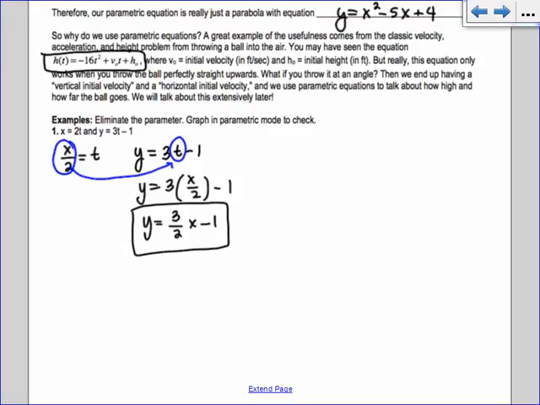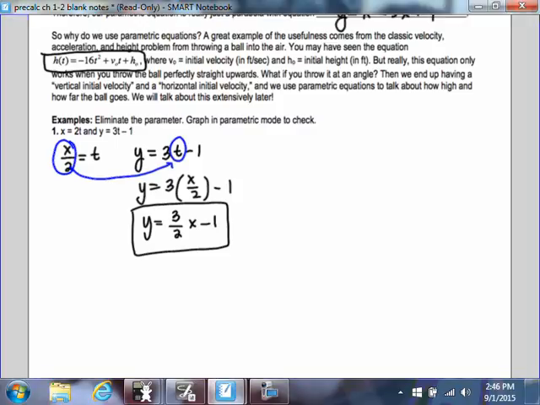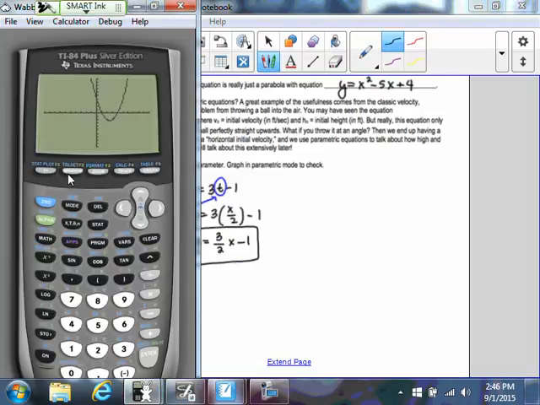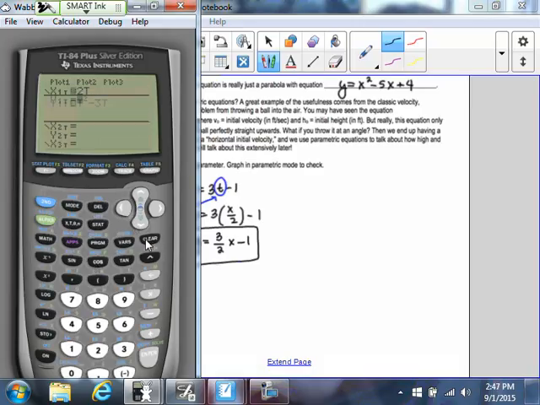We get a line. And you could do a little t-table with the extra parameter, right? And you could do different points, and you'll see you have lots of points on that line. So if you were graphing to check, so we have 2t and 3t minus 1, we just go to our calculator. Under y equals, we do 2t, and we do 3t minus 1.